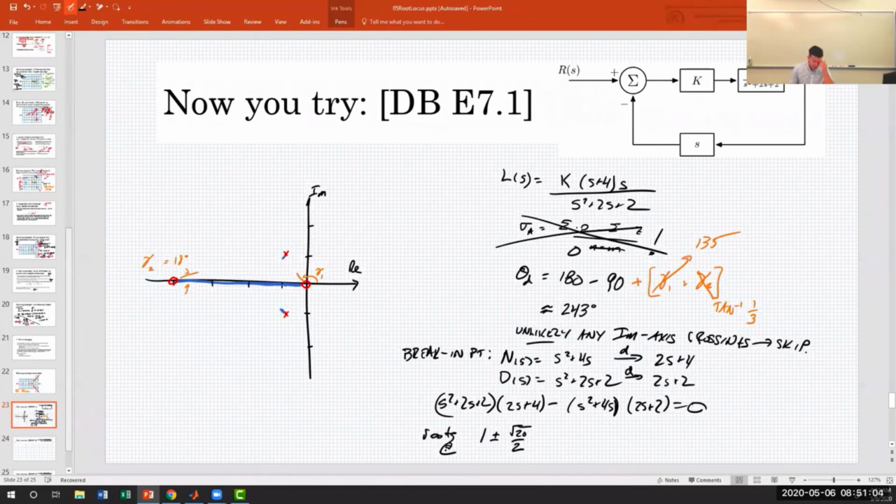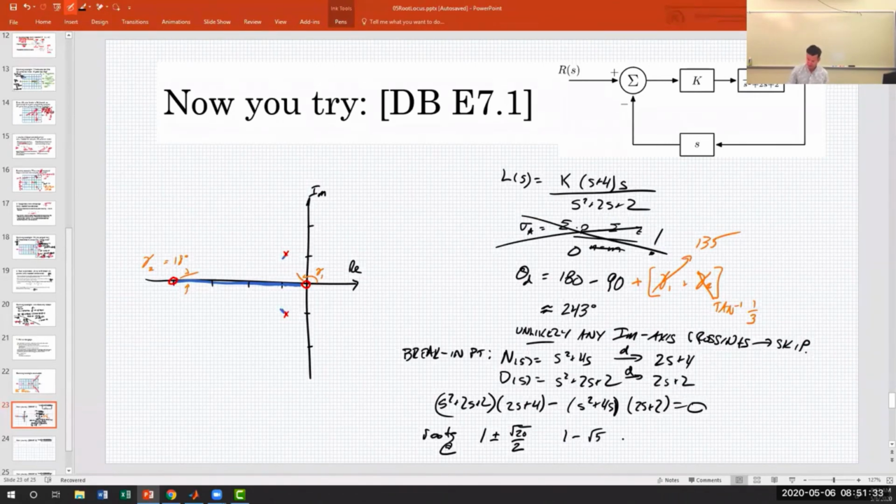So we only expect one breakpoint. Which of the two do you think we should use? The minus? I think so. I think we want the 1 minus. So what would this be? 4 goes into 20, so let's pull out, this is 1 minus root 5. Yeah, I think that's true.